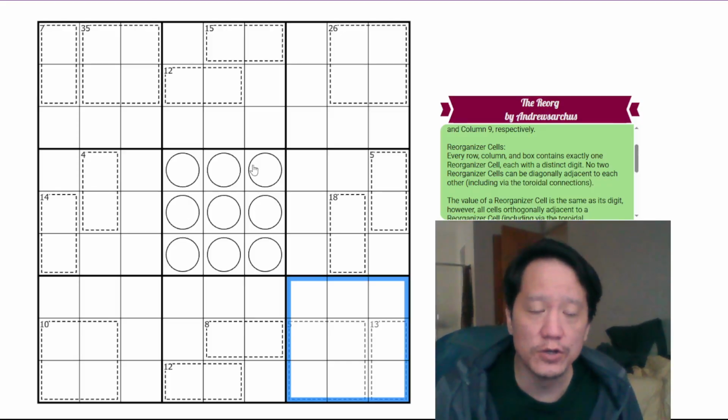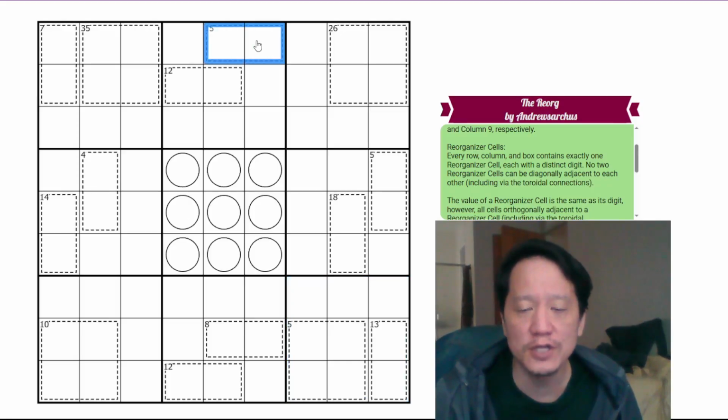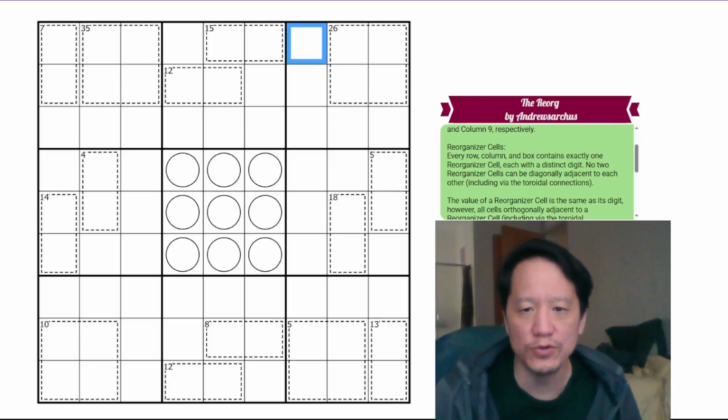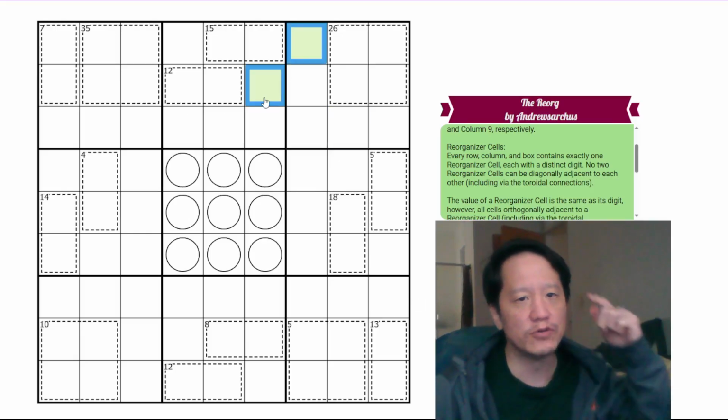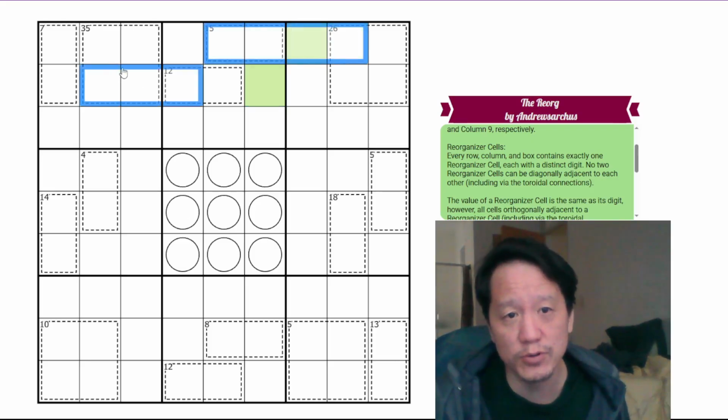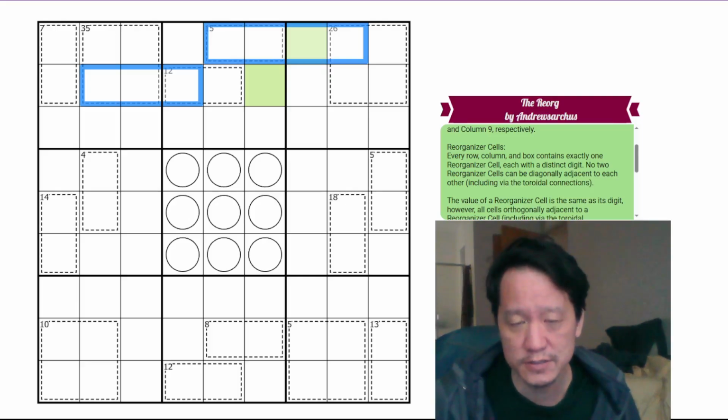Also, no two reorganizer cells can be diagonally adjacent to each other, including via the toroidal connections. So for example, you could not have a reorganizer cell here and then another reorganizer cell there, because they would be considered touching each other diagonally. And obviously there's only one per row, column, and box.